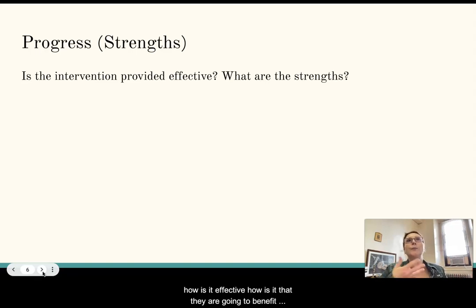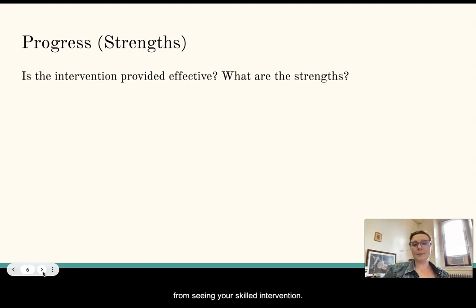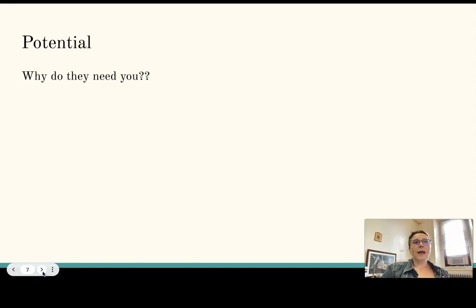Are they going to benefit from seeing you and your skilled intervention? Again, why do they need you? Really, all of this is pulling together everything that you've seen. What did you see? How did they perform? And then how will they benefit from seeing you?